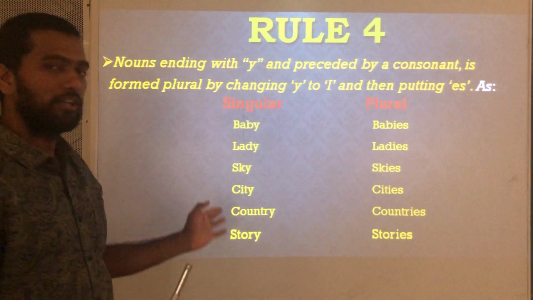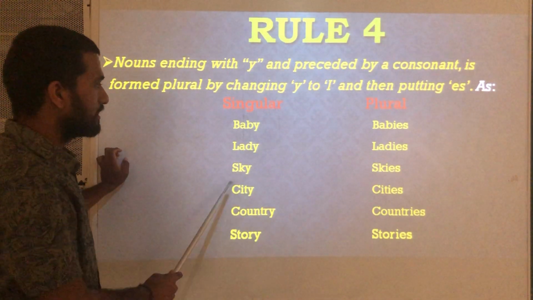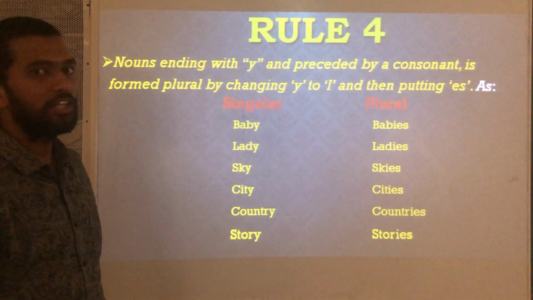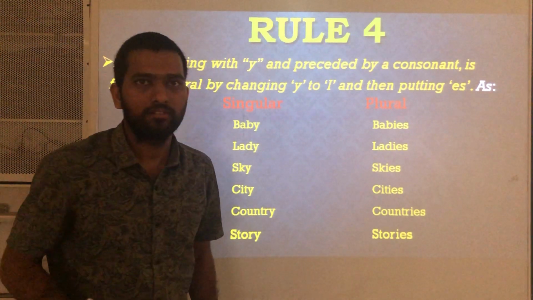Okay, simple. Look at the examples: baby, babies, lady, ladies, sky, skies, like this. Okay, this is rule number 4. In the next class we will discuss the remaining rules. Okay, thank you.